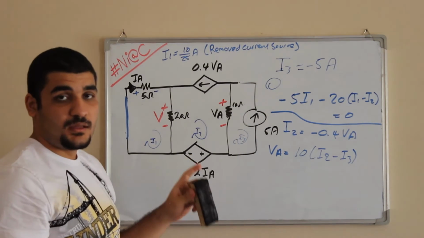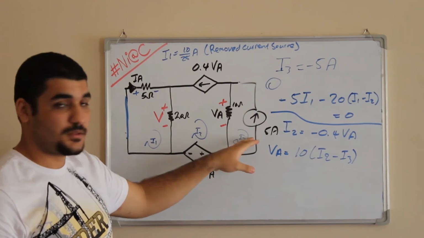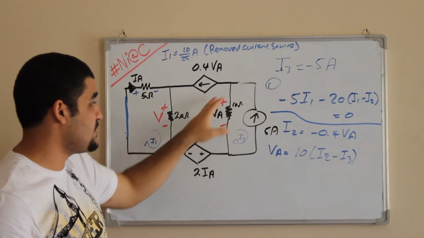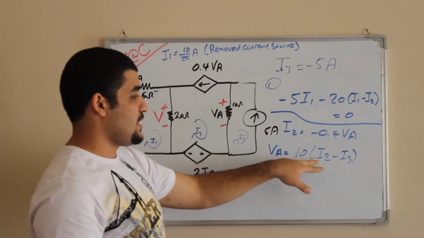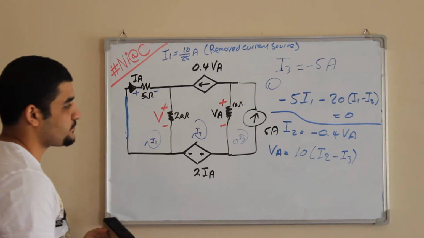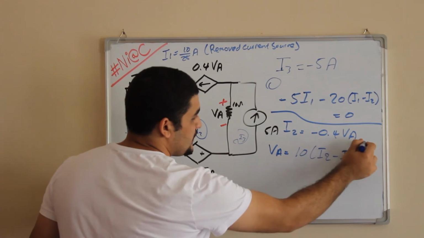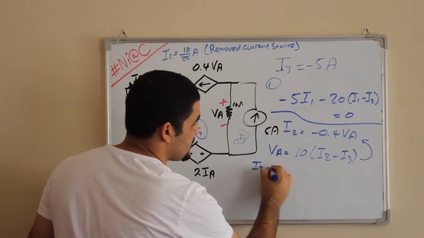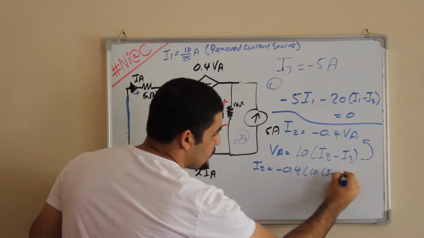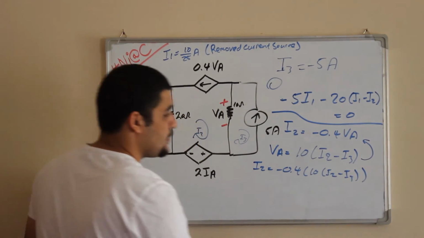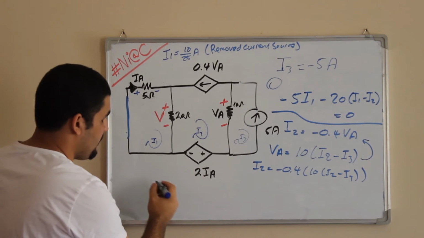Remember, in the previous part, there was no current source here, so it was just I2. But now we have a current source here, so it's I2 minus I3. Good. So substituting this, you have I2 is equal to minus 0.4 times 10 (I2 minus I3).